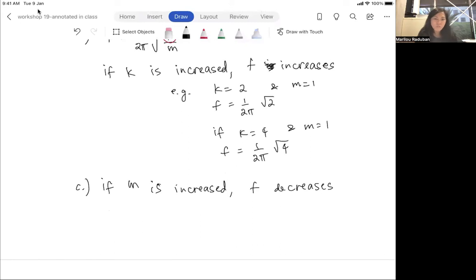You can put in numbers for the mass. Say mass is equal to 2 and mass is equal to 4, keeping the spring constant the same, k is equal to 1, for example, and find the frequency and compare those two. You should see that the frequency would decrease if the mass is increased.